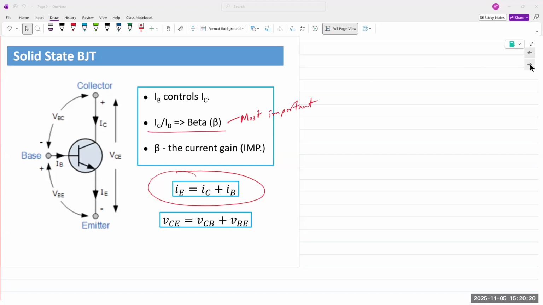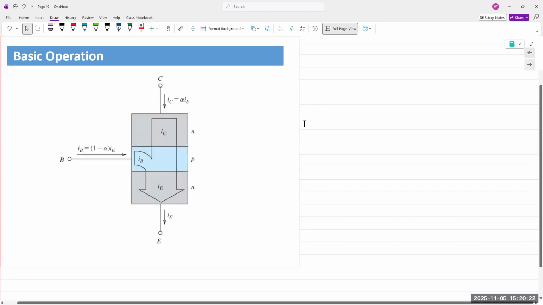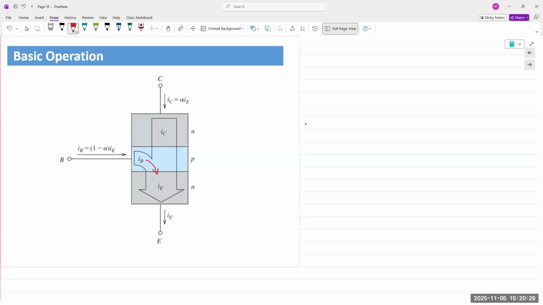Just another illustration of how it works. We have IB and IC coming together to give us IE. And we'll talk about the equations in just a little bit.